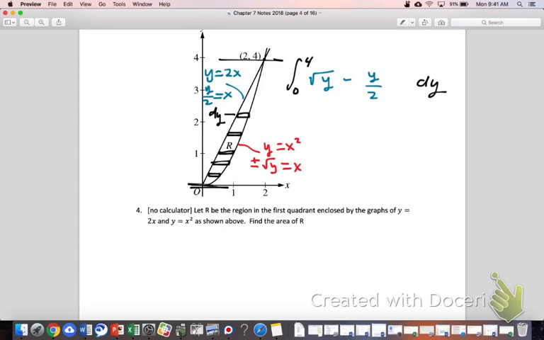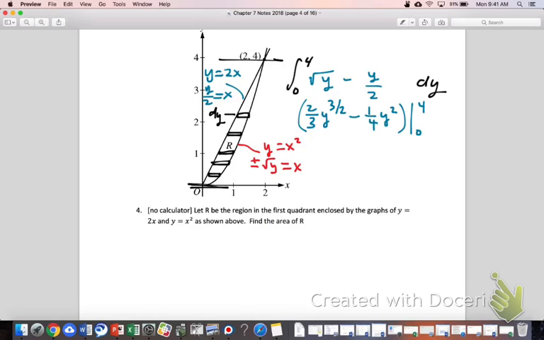The antiderivative of root y would be 2/3 y to the 3/2. And the antiderivative of y over 2 would be what? Yeah, 1/4 y squared. We will evaluate this from 0 to 4.